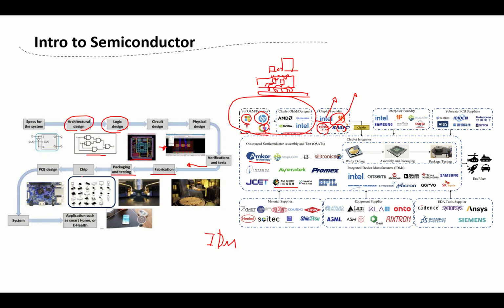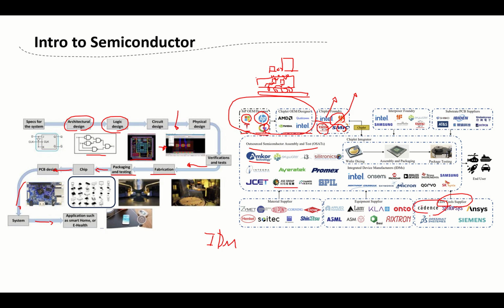Then after that, we get the chip, put it in the PCB design, put it into a system, and then we have applications on the chips. Besides design houses, foundries, and packaging, there are also some very interesting companies. First is EDA. Remember we mentioned during the design, the layout, or the analog design, we use their tools, like Cadence.